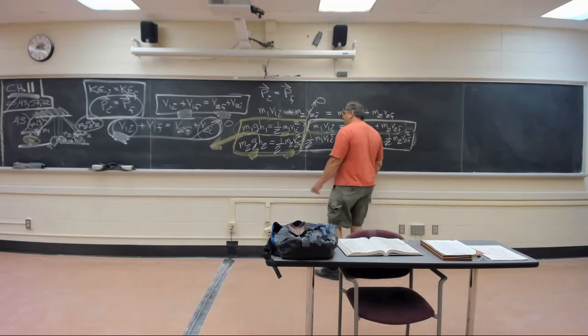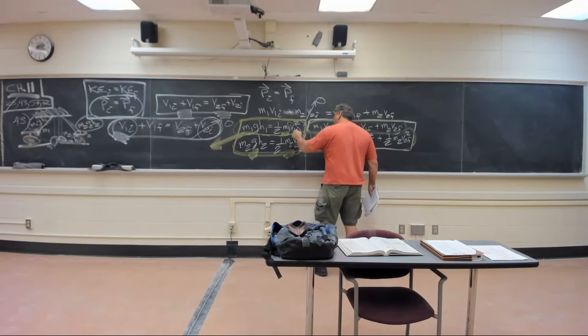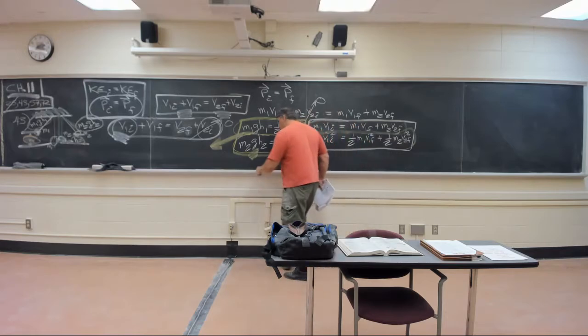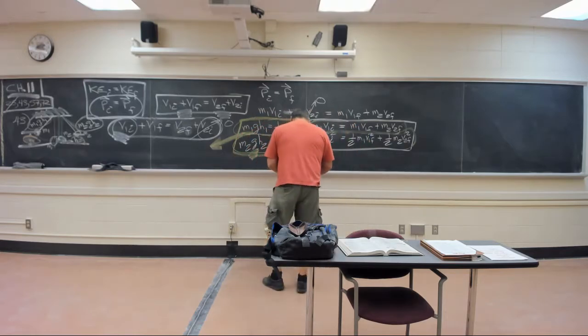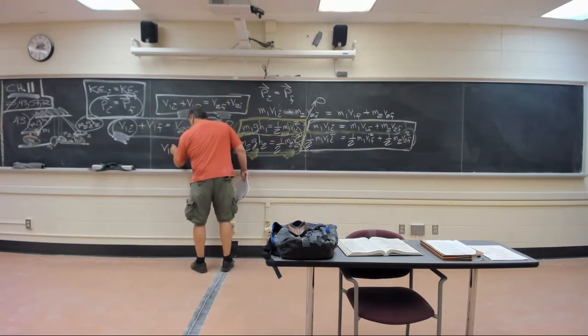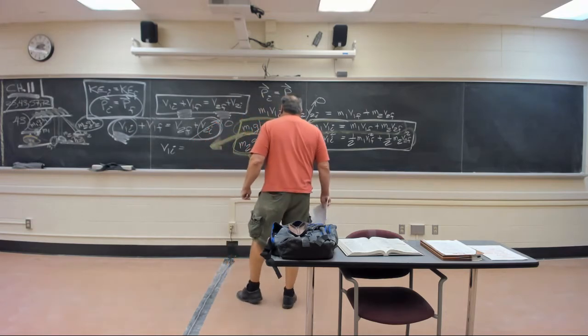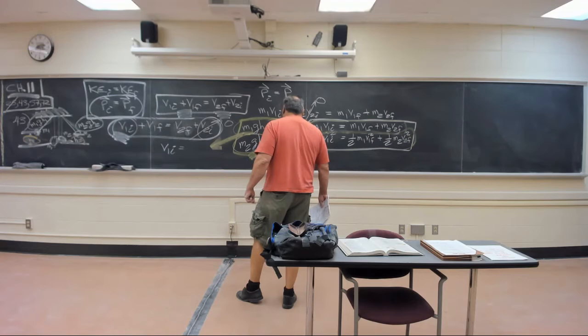If push came to shove, if I wanted to find V1I, and if I wanted to find what V2F was, I solve for V1I in this equation. I solve for V2F in this equation. When you do that, you draw the conclusion V1I equals, let's have a look at it.